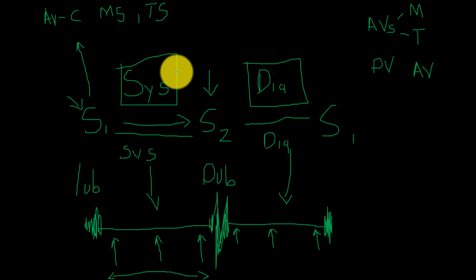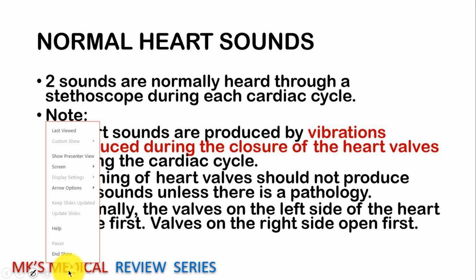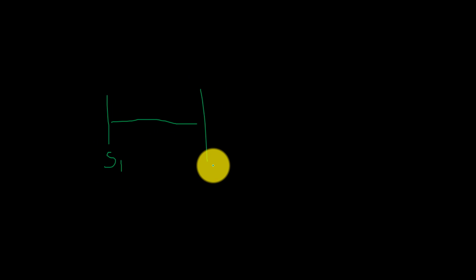This is not stenosis, rather, apologies for that. It's supposed to be regurgitation. Let me draw that screen back. So S1 over here, and then you have S2 over here, then you have another S1 over here.